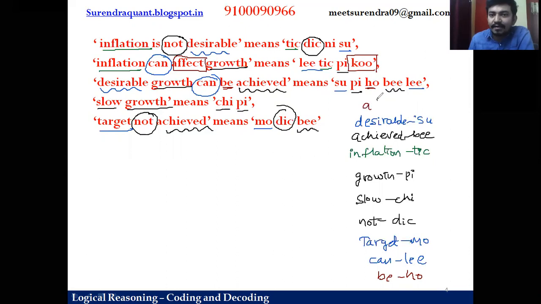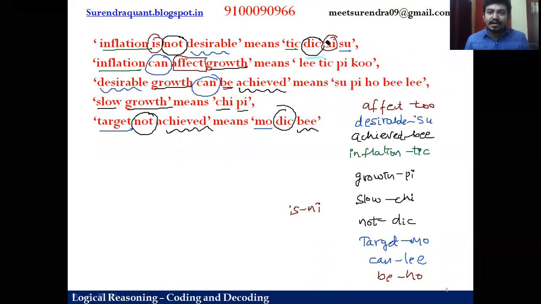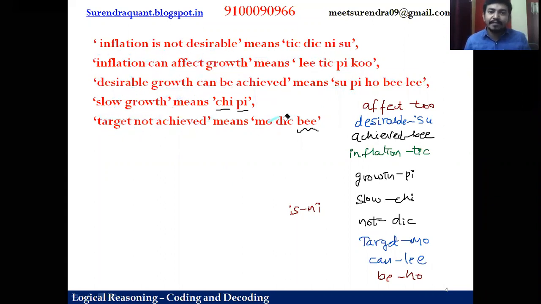So we can say effect is ku. Now, friends, I think we decoded all the words, right? Now, is is the only word left. Ni is the only decoded. So we can say is as ni. Once this format is done, let me erase all this. Now I'll show you how you can have questions on this, right? So question format is very important in this.